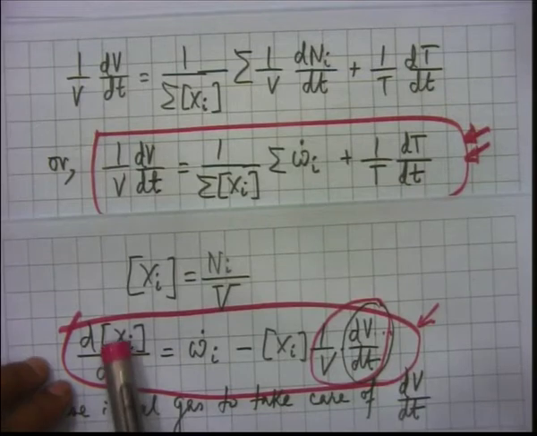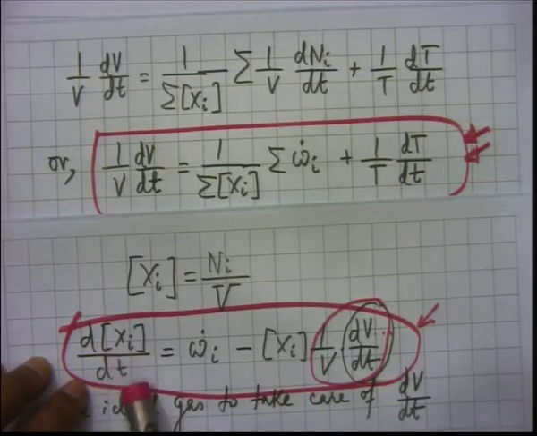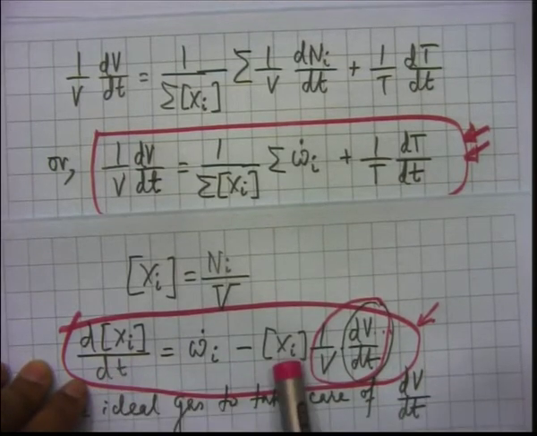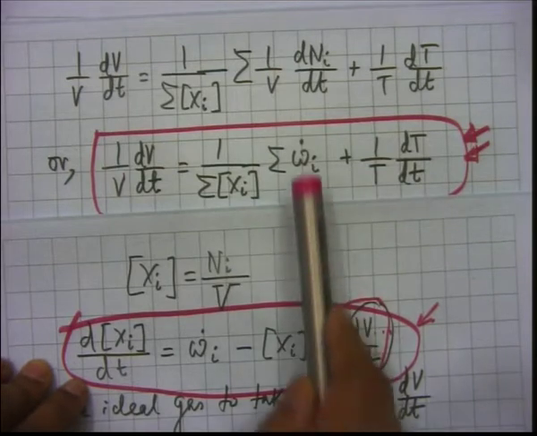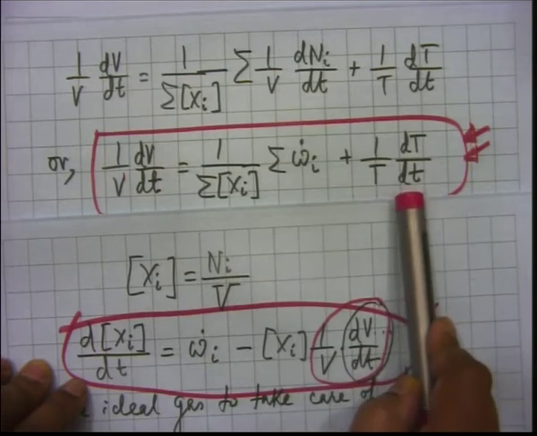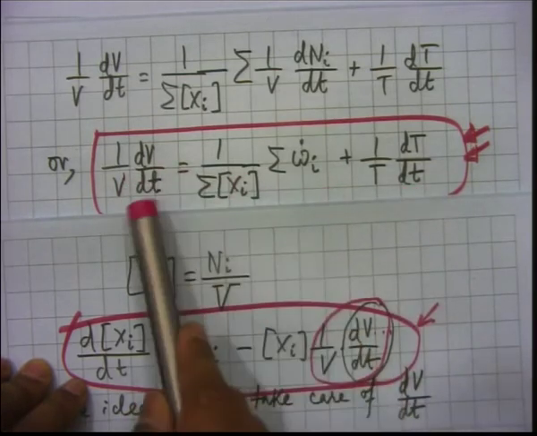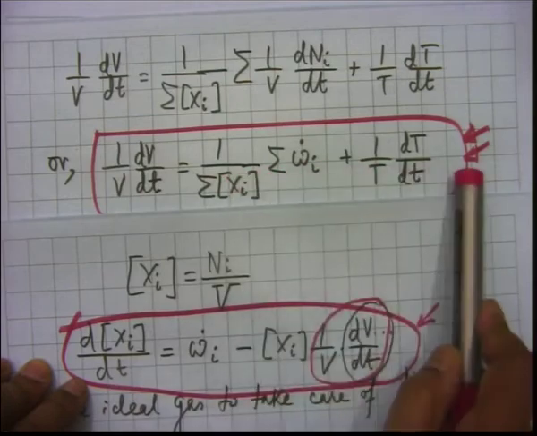So, this one was the first one which had dxi/dt, which had omega dot i, which has xi, but it also had 1 over V dV/dt. Better than that, let us bring in reaction rates and temperature. That is why we are doing this. Instead of 1 over V dV/dt, we have got all this.